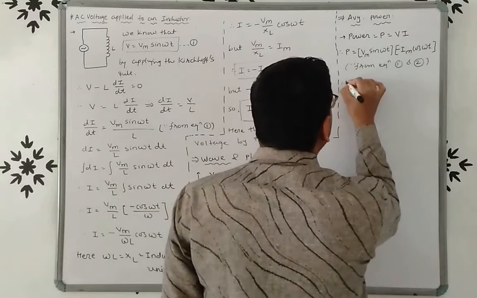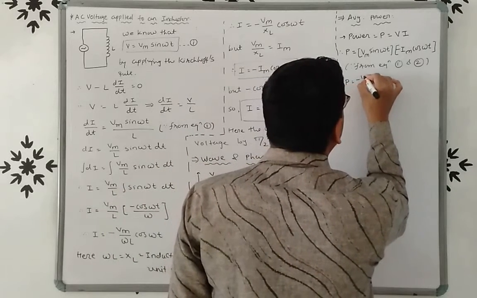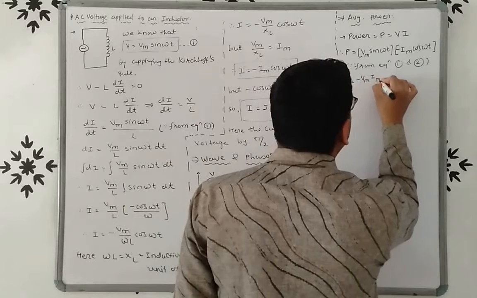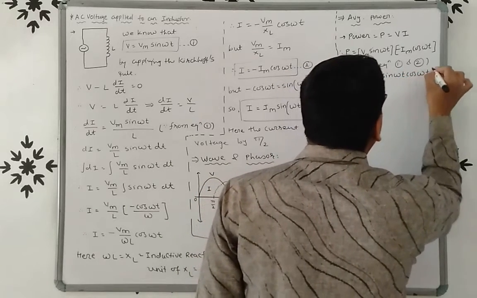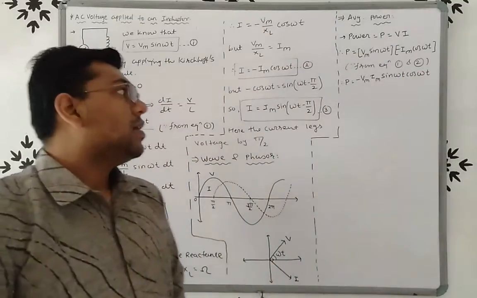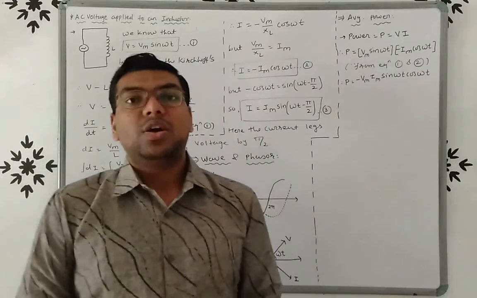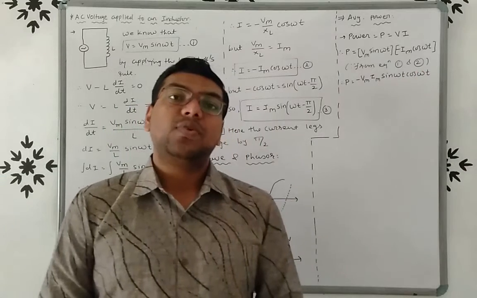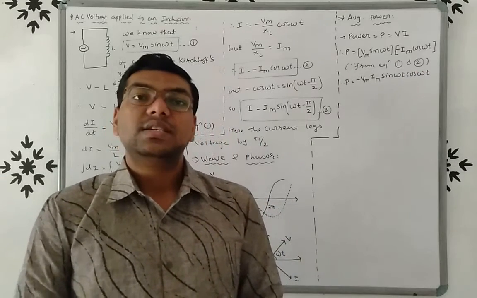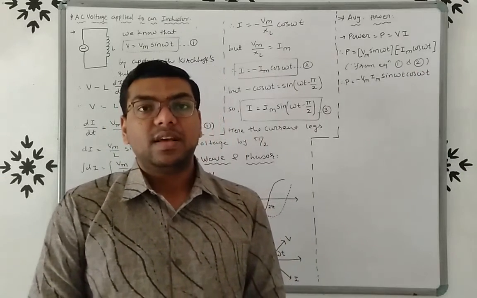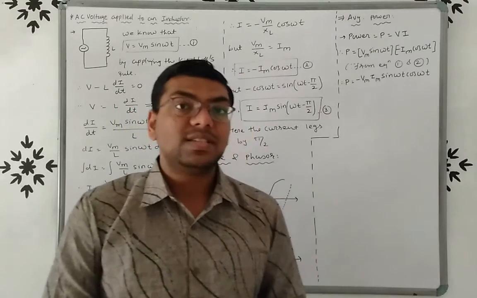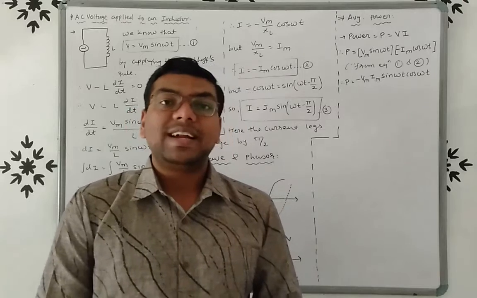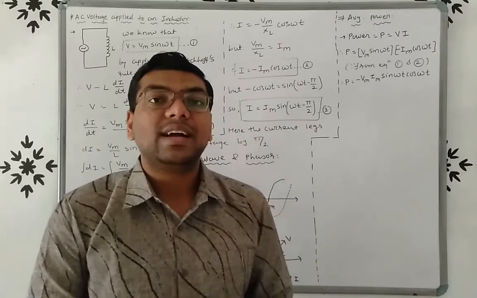So power P is equal to minus Vm Im sin omega t cos omega t. But friends, you already studied this formula in standard 10. Sin 2 theta is equal to 2 sin theta cos theta. Repeat once again. Sin 2 theta is equal to 2 sin theta cos theta.